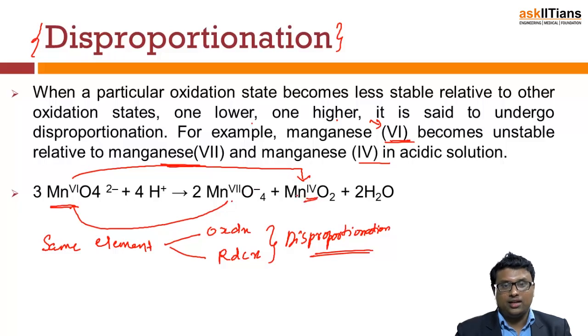So a particular oxidation state is less stable relative to the other oxidation states, one lower and the other higher. This unstable manganese converts into manganese of oxidation state 7 and manganese of oxidation state 4.